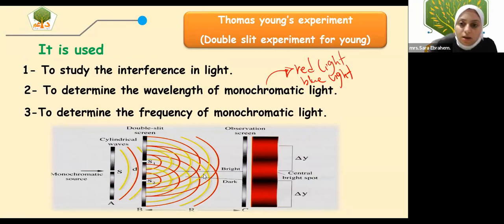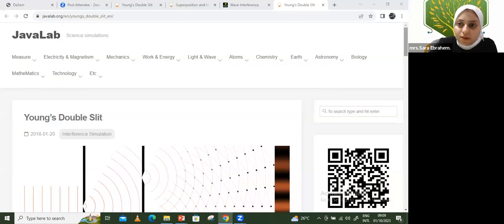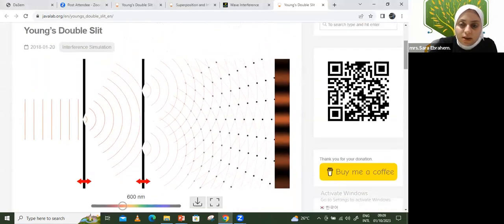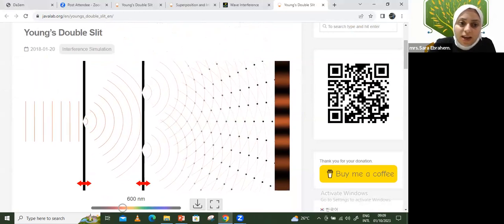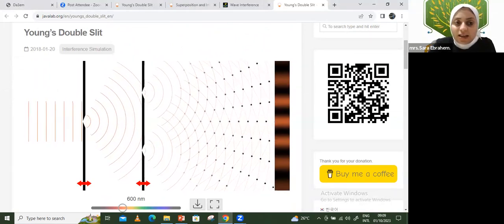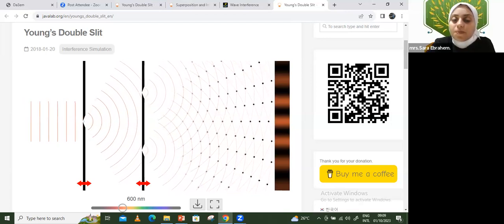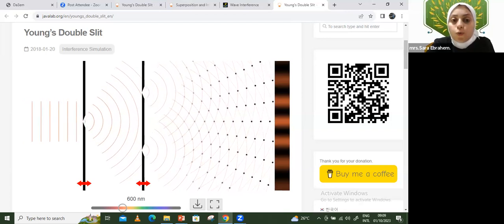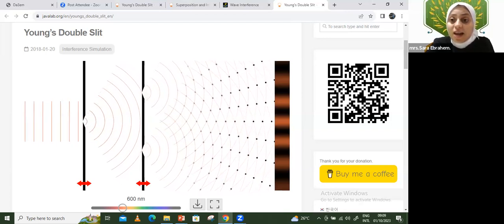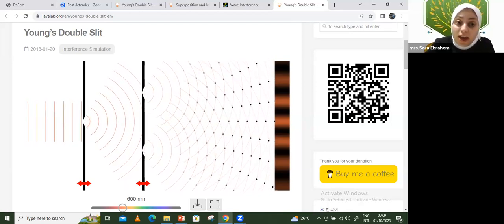In our shared screen, that's Young's experiment. Look, a light ray passes through a slit and gives a cone shape, and this curve is called the wavefront. All points around it have the same phase, amplitude and frequency.